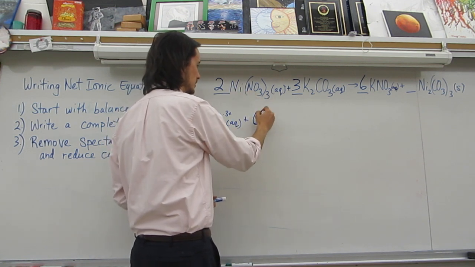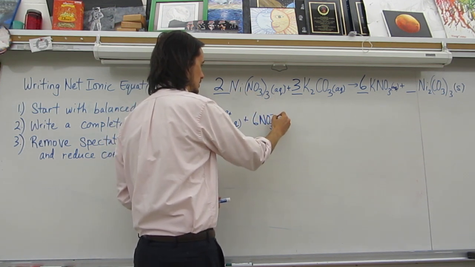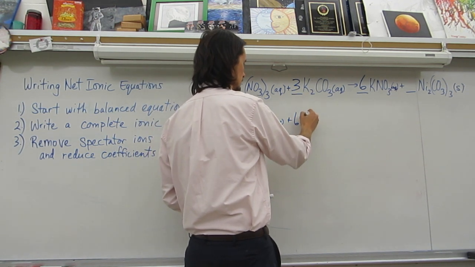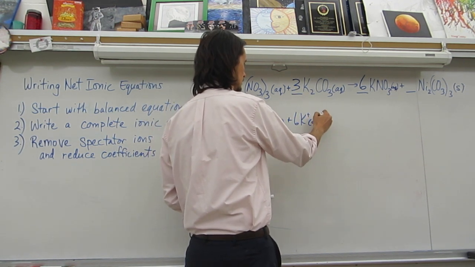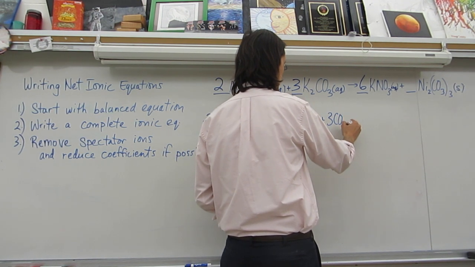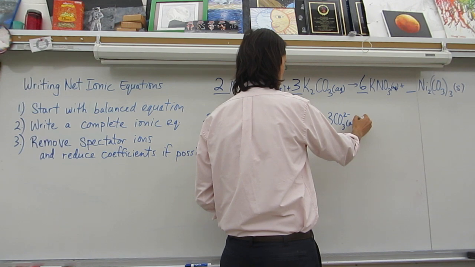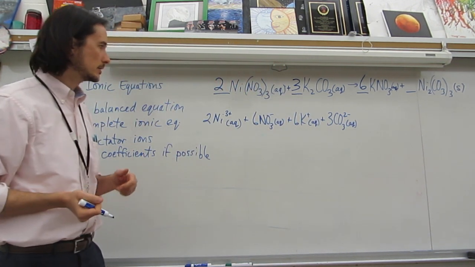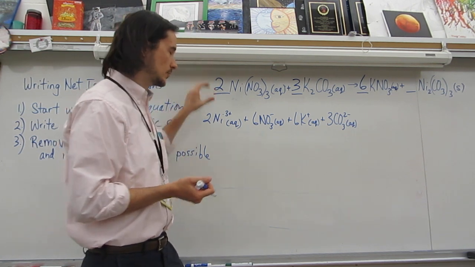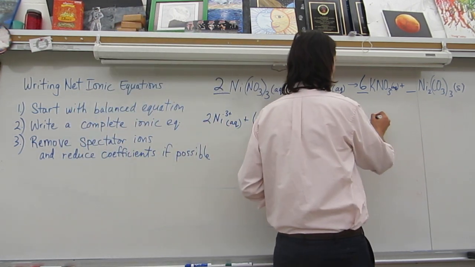There's 6 nitrates. So I have all the states of matter. Those are all the ions that are present as far as this reaction is concerned, this equation.